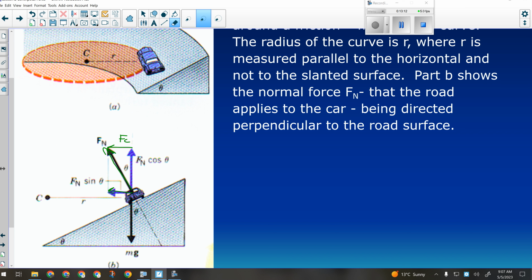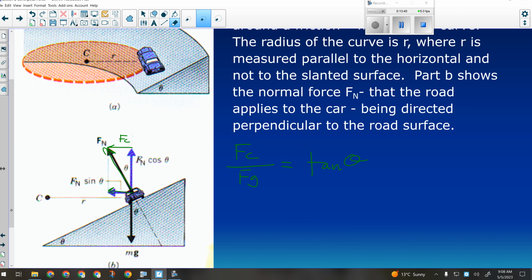So when we set this all up, we have the opposite side and the adjacent side. Fc is the opposite side, Fg is the adjacent side. What trig function is opposite over adjacent? Tan. So Fc over Fg equals the tan of the angle of bank.